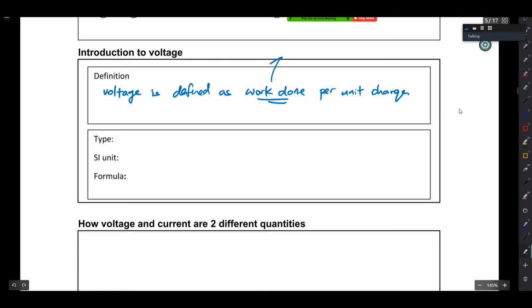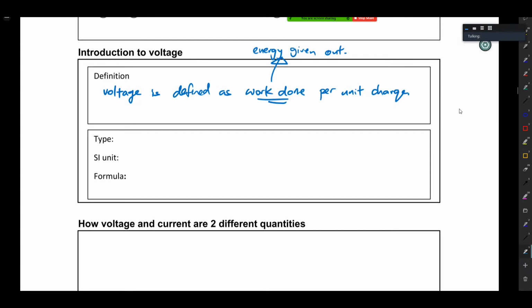Work done would mean the energy given out. That means every charge has a certain amount of energy, and voltage is talking about how much energy is given out by a certain charge.